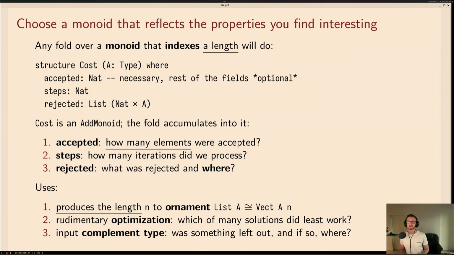But two other things that I showed in the paper were these steps and rejected parts, which are two different things that happen during the parsing stage. You could think about steps as a rudimentary optimization thing.